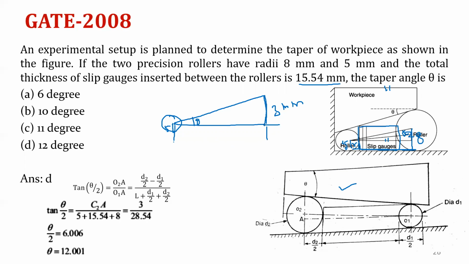That means tan theta is equal to this difference, 3 mm, divided by the slip gauge length, 15.54 plus the radii of the smaller and bigger, 8 plus 5. So find the theta. You will find theta is equal to 12.001.